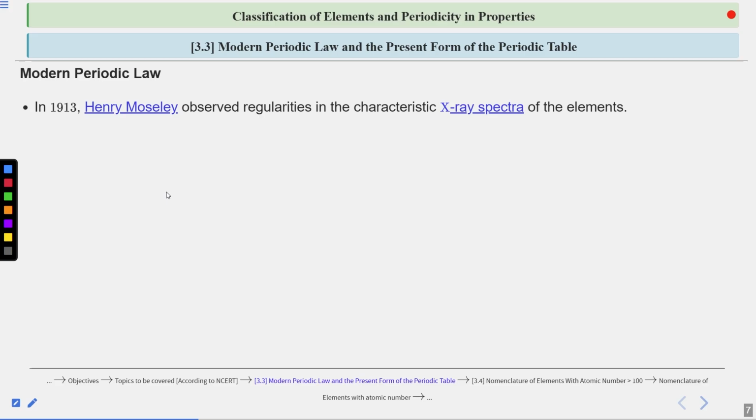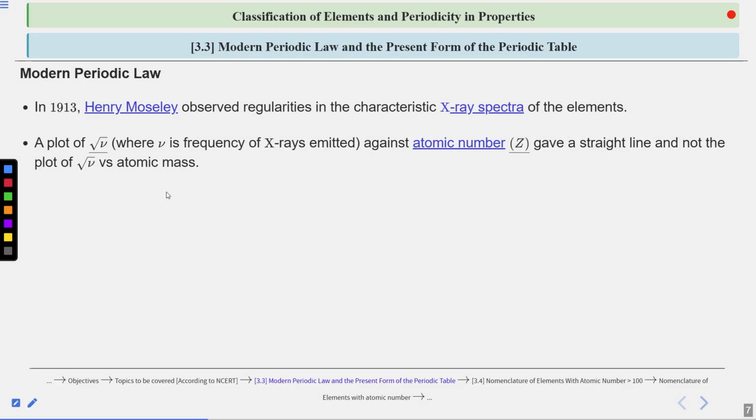You know that absorption or emission spectra are done with the help of electromagnetic radiation. In this case, Henry Moseley took the X-ray part of the electromagnetic radiation out of the whole spectrum, and he plotted a graph of the emitted X-ray frequency.